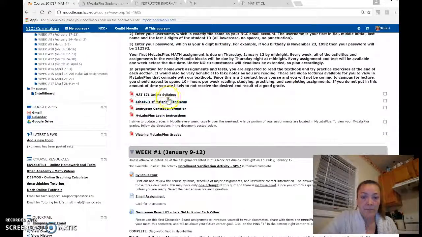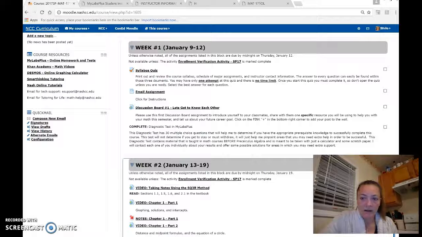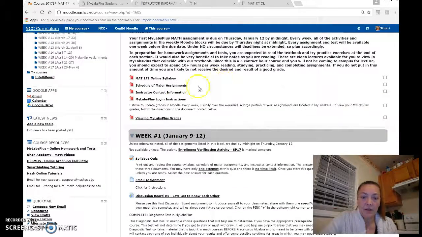So I'm going to briefly go over these documents in just a few minutes. But the course is very, very easy to follow, very self-explanatory. Every single week is broken down into a block, and it says exactly what you need to do. These blocks follow along exactly with what your schedule of major assignments says.